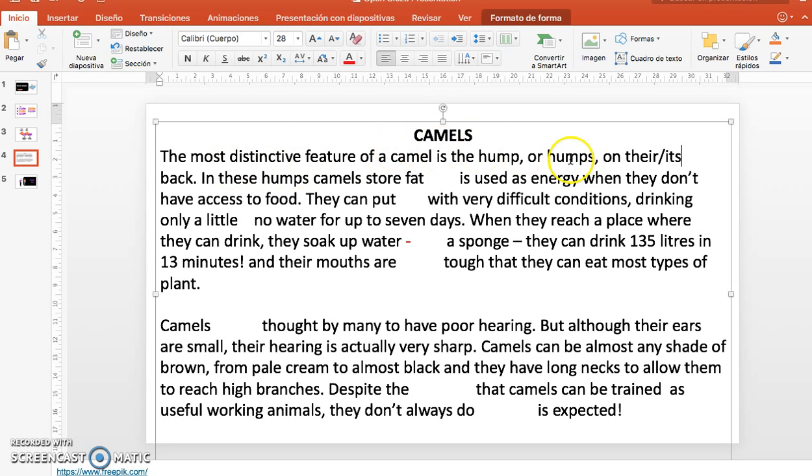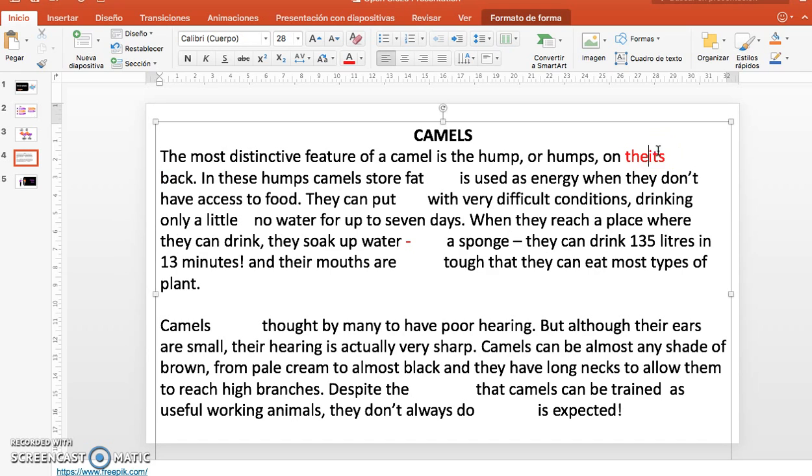However, what we must analyze here is if the noun which is mentioned before is a singular noun or a plural noun. As we can see here, the only reference is a camel. The most distinctive feature of a camel is the hump or humps on... we cannot say their because we are talking about a camel.